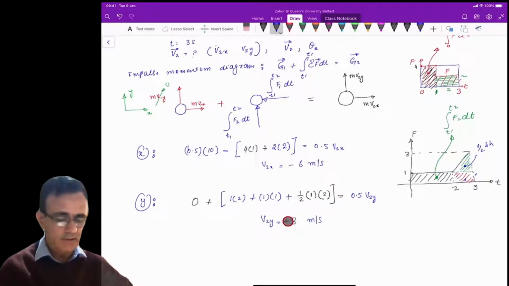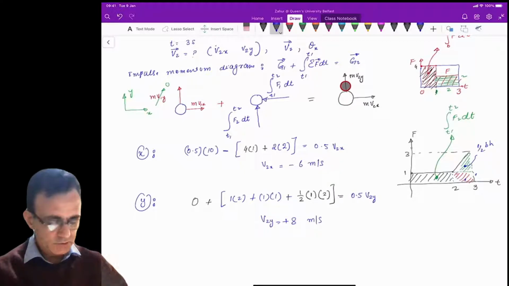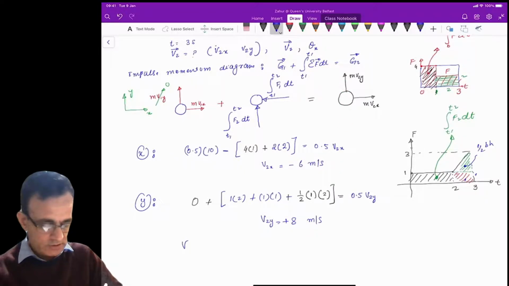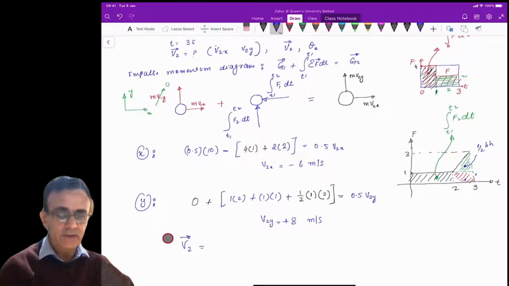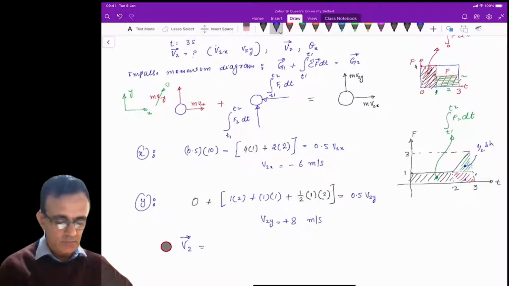So this means that the assumed direction, in which we assumed the body is moving, was correct because we get a positive value. Now, because we have the final velocity, and the final velocity is a vector, it consists of two components.